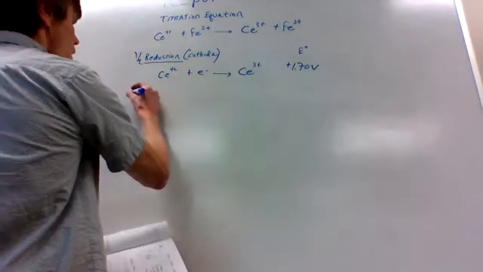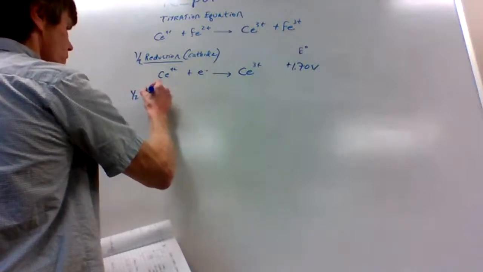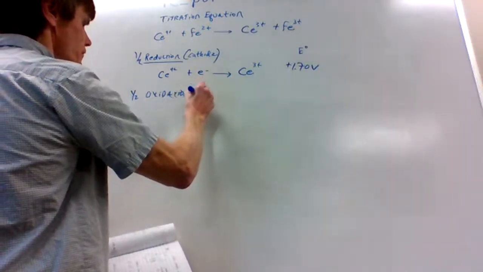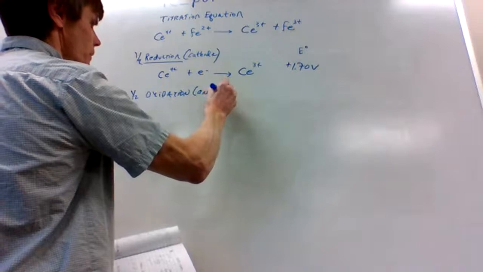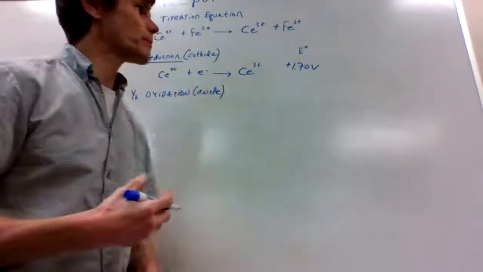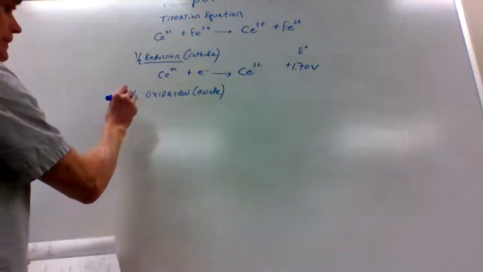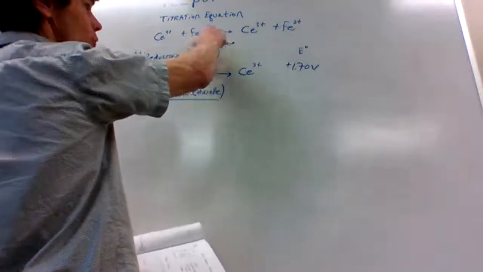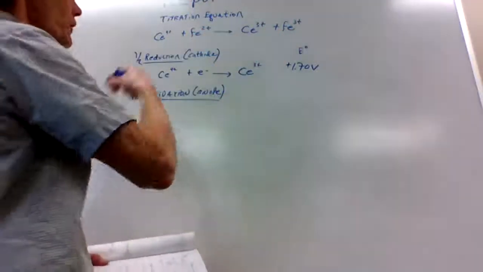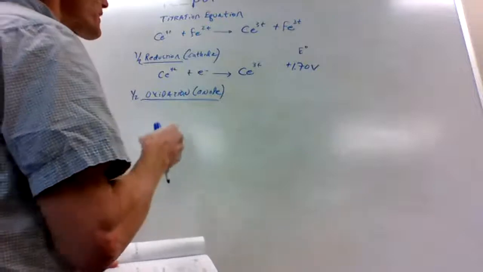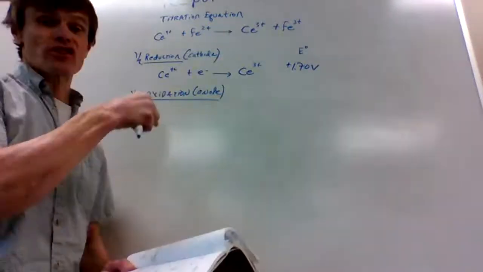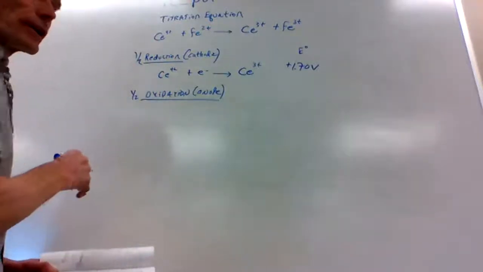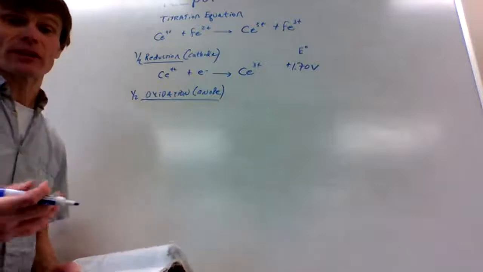Let's look at the oxidation half reaction. And we can think of this as being what would happen at an anode if we were separating these cells completely. Now, the oxidation half reaction, we would recognize from this equation, we're oxidizing iron 2 to iron 3 by losing an electron. But let's write the standard reduction potential for that process. That's what we're going to use. And this is where students get confused.